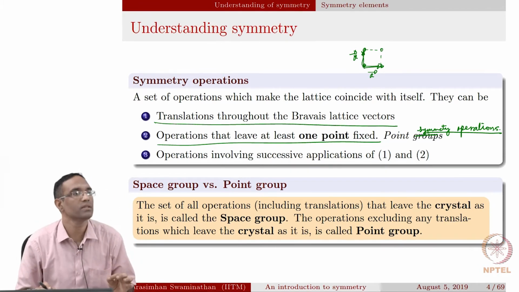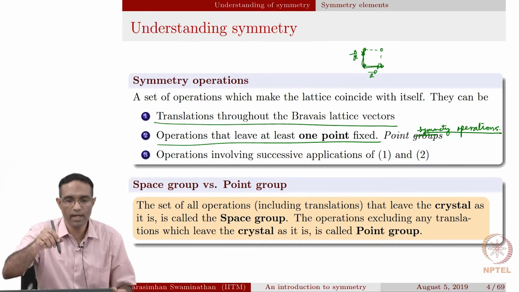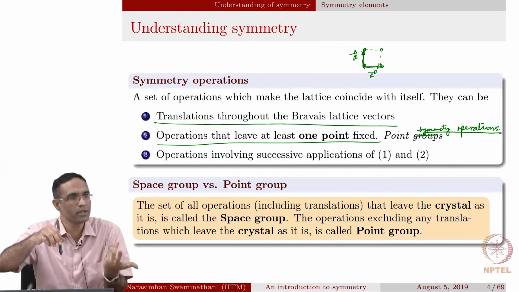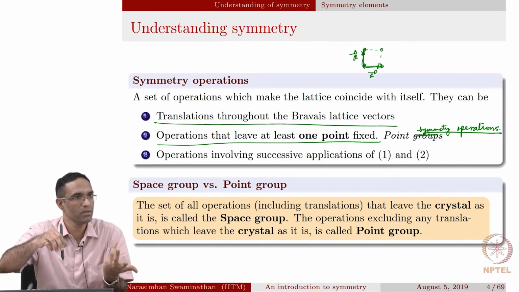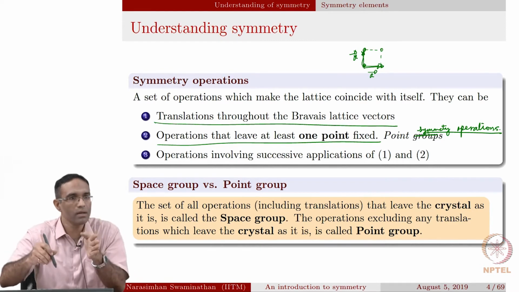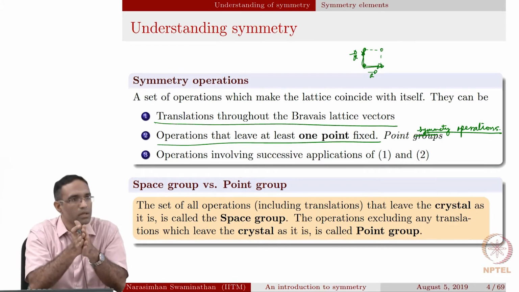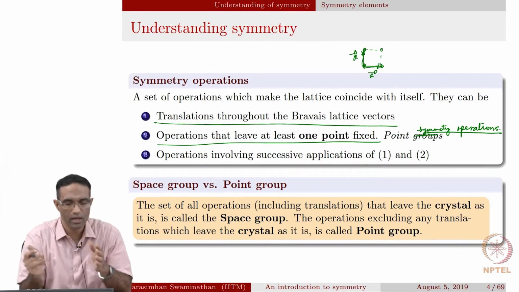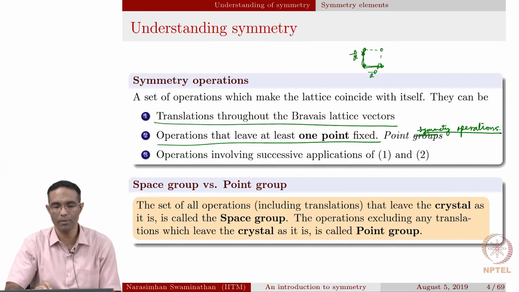The rotation and mirroring. If we rotate it, all the points on the axis of rotation remain fixed when you perform this operation. When you mirror, all the points on the mirror remain fixed, they don't move when you perform the operation. So they are called point symmetry operations.